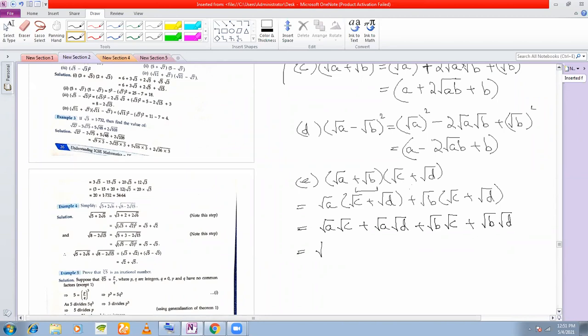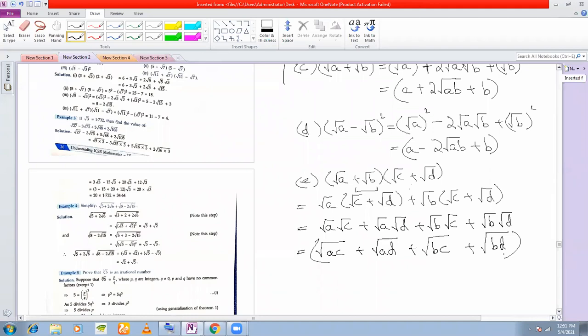Now root a into root c is simply root ac, root a into root d is root ad, root b into root c is root bc, and root b into root d is root bd. And that is how you multiply this. Okay, we'll come across this also, but not as frequently as a, b, c, and d.